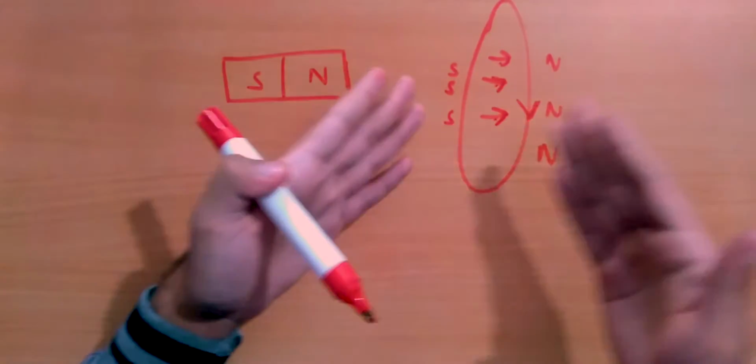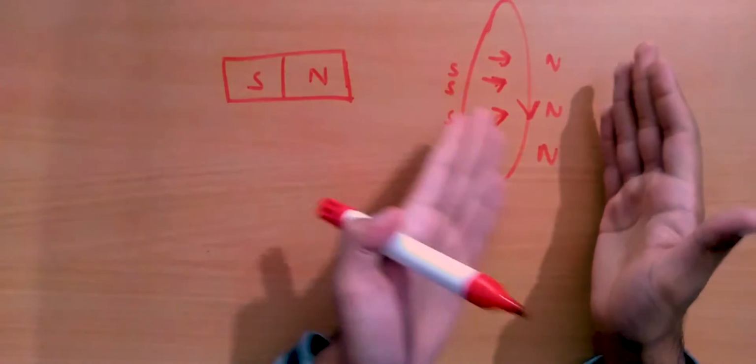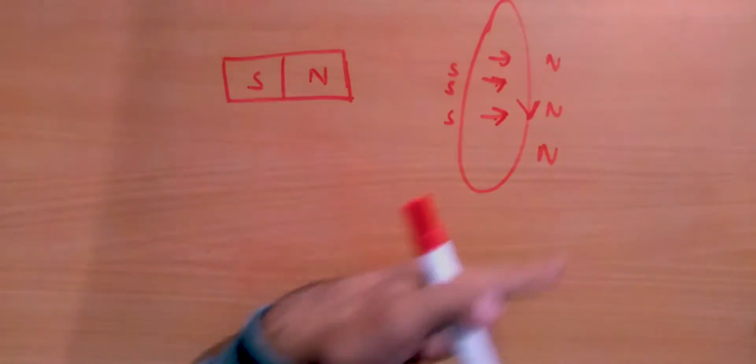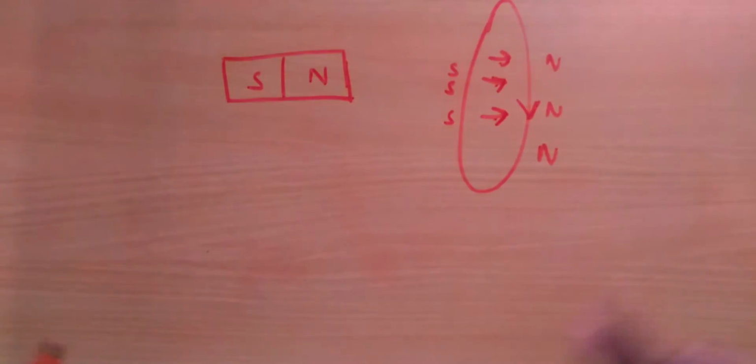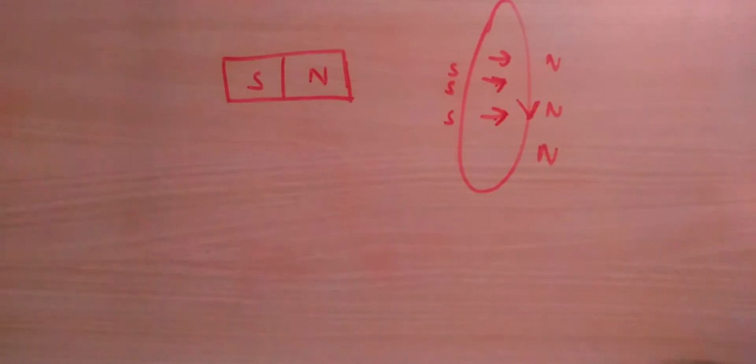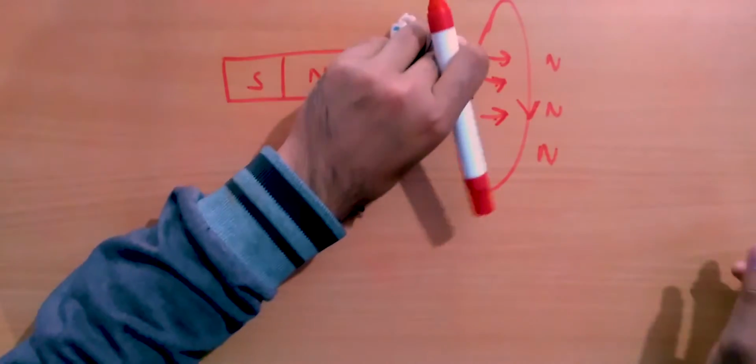The flux would increase and the current would increase, and the magnetic field strength of this loop would increase, and this would move even faster, and it would continue to move faster and faster because of this chain effect.